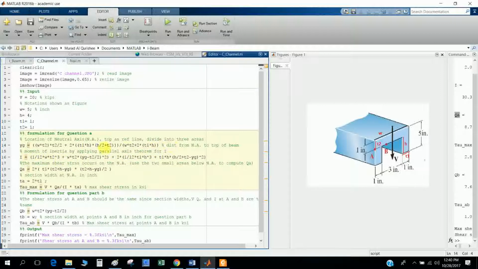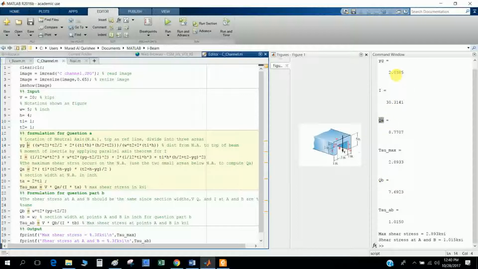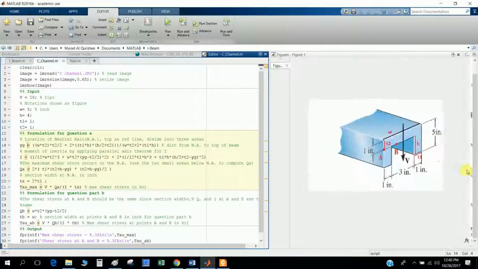In this way you can find yz, the neutral axis distance. You see here how much it is, 2.03, so it comes nearly here.